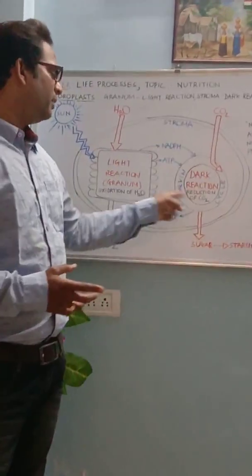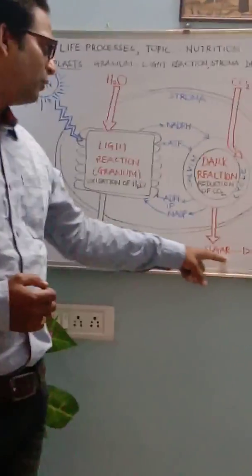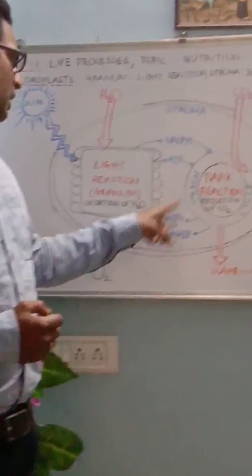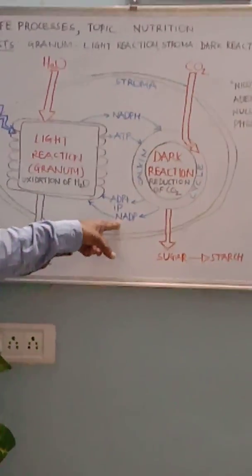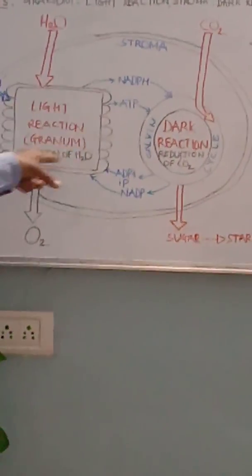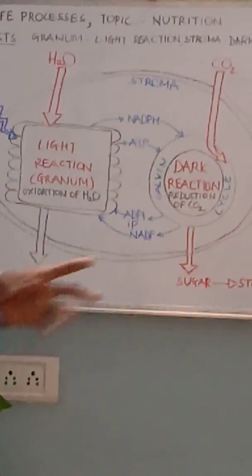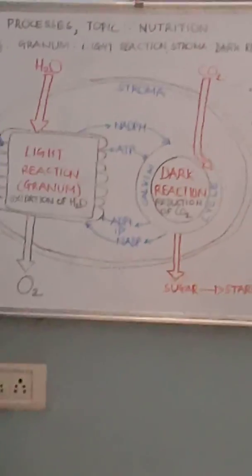So again, as a result of this, there is synthesis of glucose, and ATP is converted into ADP, and NADPH is converted into NADP, which is reused by the granum, and this repeats.